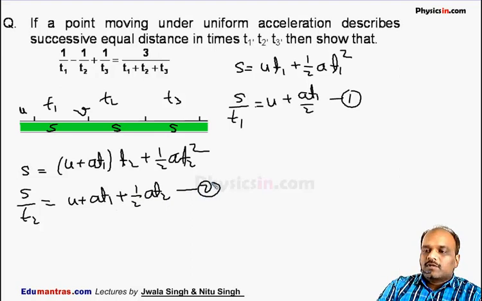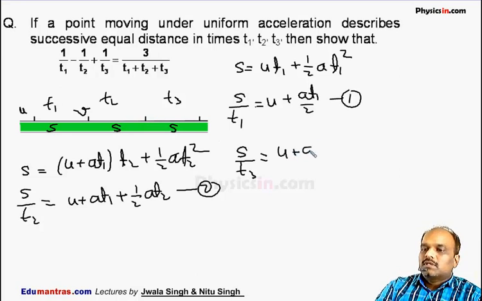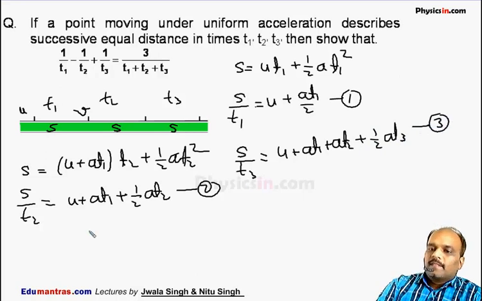This is our second equation. Similarly, s by t3 is equal to u plus a (t1 plus t2) plus half a t3, so it is u plus a t1 plus a t2 plus 1 by 2 a t3, and this is our third expression.